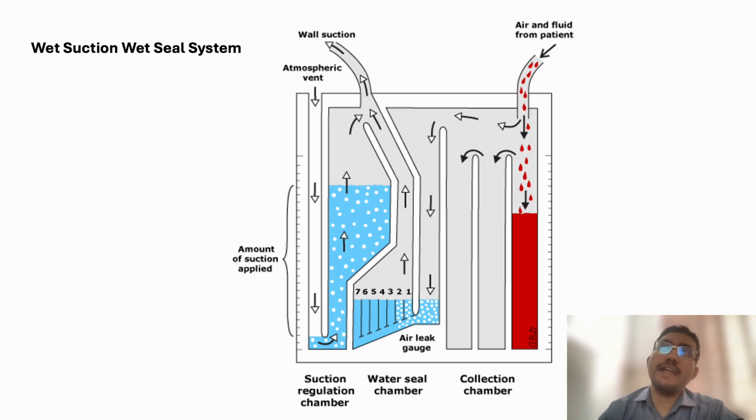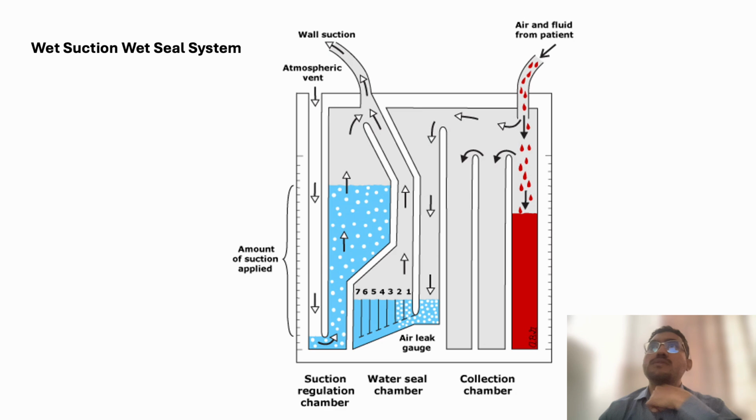Then there is an air leak gauge and an underwater seal drainage system. This is the second chamber. If there is an air leak, the bubbling will occur at this site, and we can see the level and the amount of air leak that is occurring. Also, this is the water seal chamber, which prevents air going back into the chest cavity because of the water seal. And finally, the third chamber is the negative suction system.